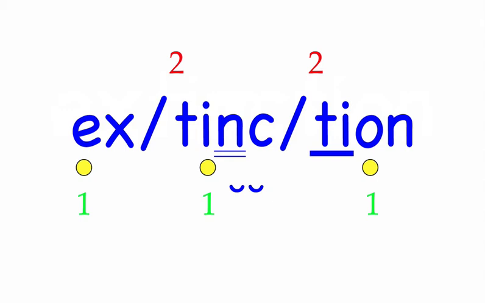Row 4. Division. Division. The child was trying to learn division. Three syllables. First syllable di, two sounds: d, i. Vi, two sounds: v, i. Jon, three sounds: j, u, n.